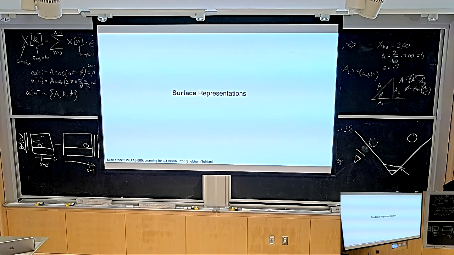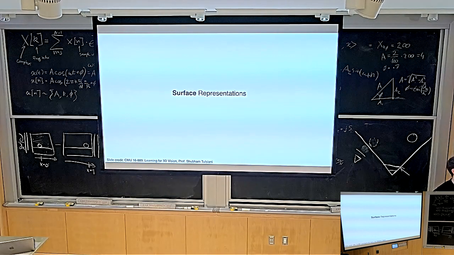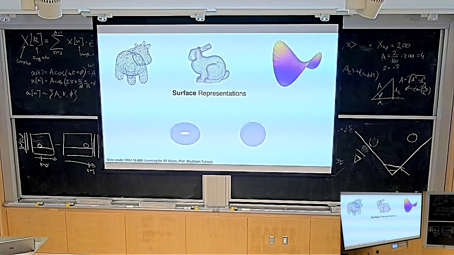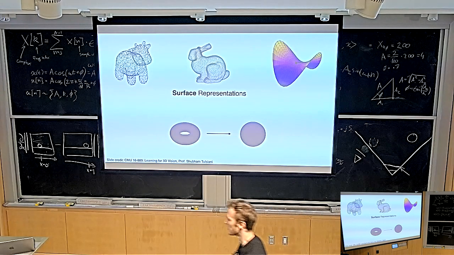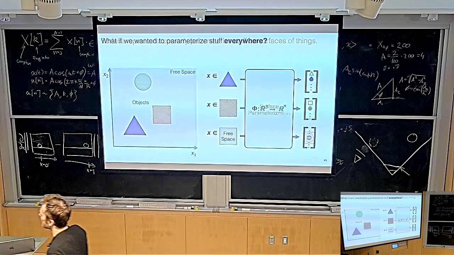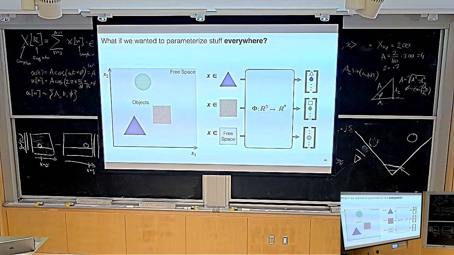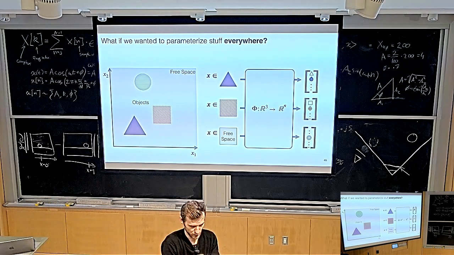We talked about meshes and we talked about point clouds. Now we're going to talk about volumetric representations. Surface representations are representations that only tell you what is on the surface of things, unsurprisingly. Volumetric representations also tell you something about the 3D neighborhoods of things.